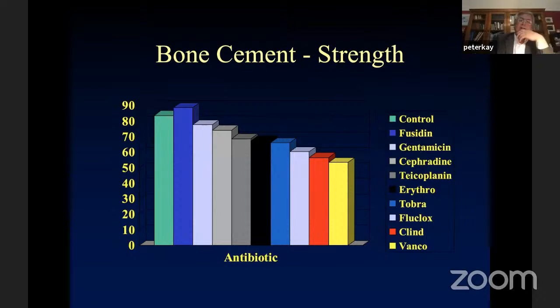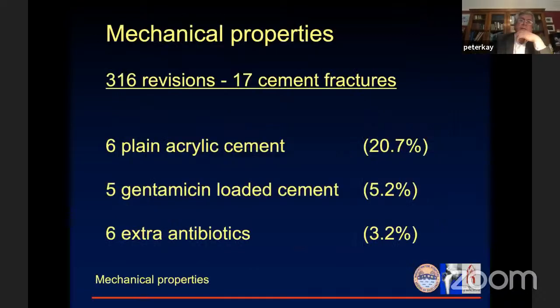Despite adding lots of extra antibiotics to bone cement, whilst you could affect the mechanical properties slightly, when we reviewed clinical cases, a review of 316 revisions for deep infection, we actually saw fewer fractures when we were adding even more antibiotics later on. That might reflect improving cement techniques, but the idea that putting extra antibiotics in bone cement makes it so weak it's going to fail isn't borne out by the evidence.